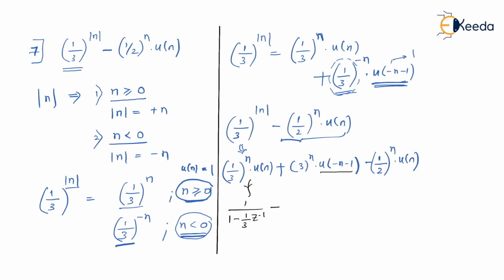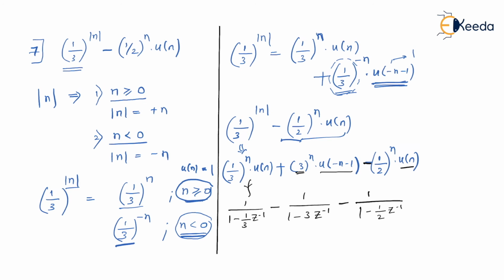So it is minus 1 upon 1 minus 3 Z inverse. Is that right? Because value of a raised to n, so a value is 3 here. Now we have a negative sign here, and with the presence of u of n, it is 1 upon simply 1 minus 1 by 2 Z inverse. Am I right? So this is the final Z transform.